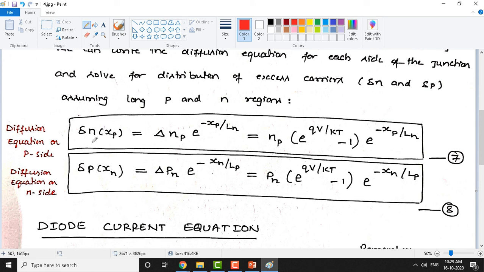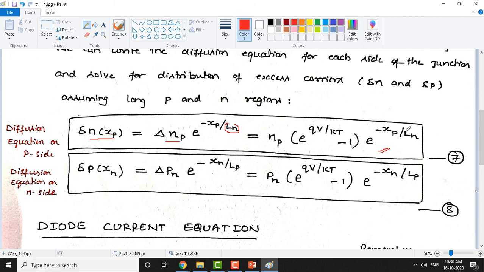So the diffusion equation on the p side is delta n of xp equal to delta np times e to the power of minus xp by Ln. Ln indicates the diffusion length for electrons, and this can also be made equivalent to this equation.